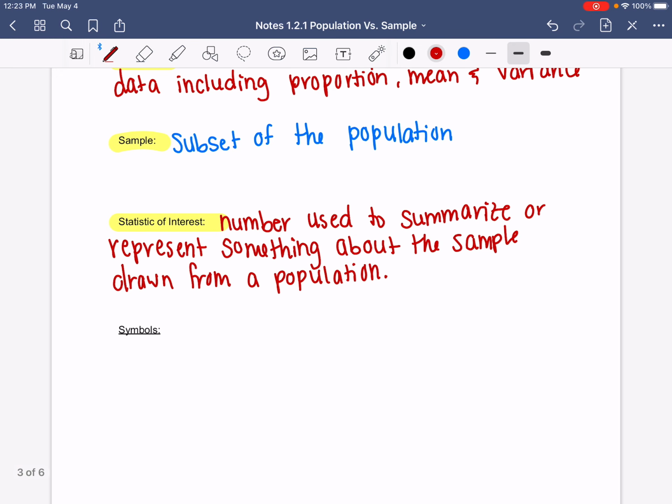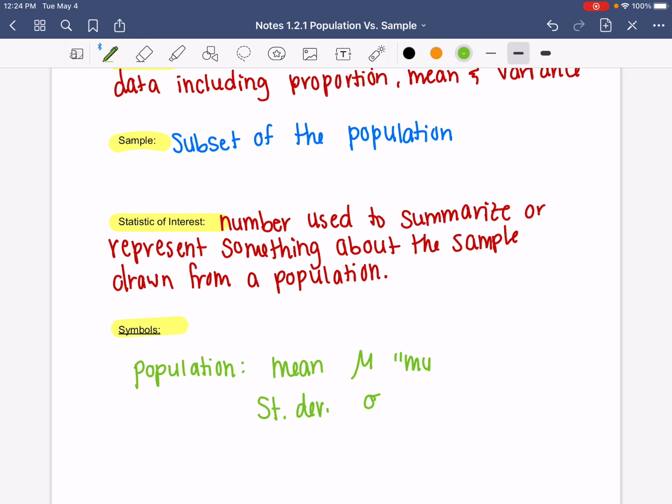So we have some symbols that we're going to use. For our population symbols, we use mu for the mean, and we use sigma for standard deviation.